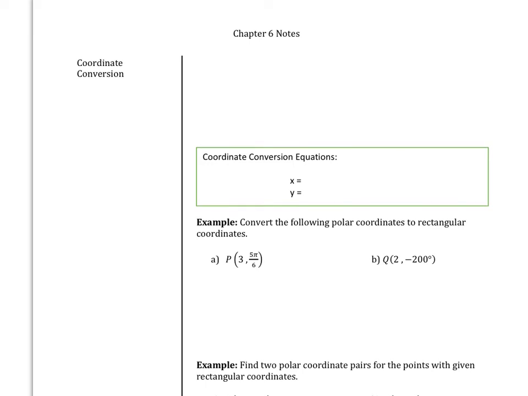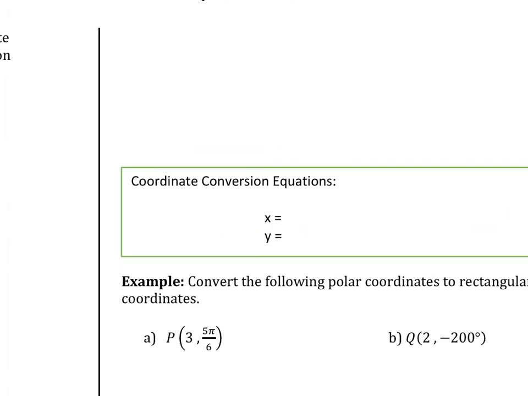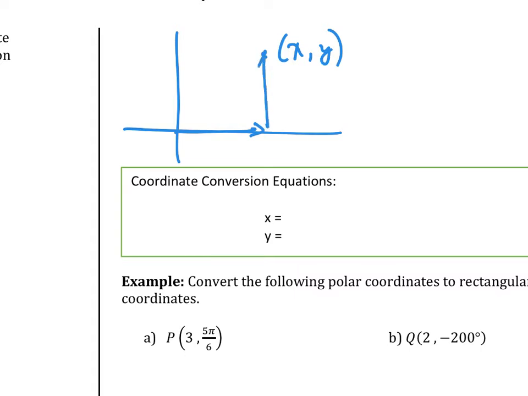Now, what we're going to do is convert between a polar coordinate and a rectangular coordinate. When we talk about rectangular coordinates, we're talking about xy, kind of like what I said before. Let's say you have this point in space, and we're going to call it some xy. Remember, xy just means it goes x amount here and then y amount here.